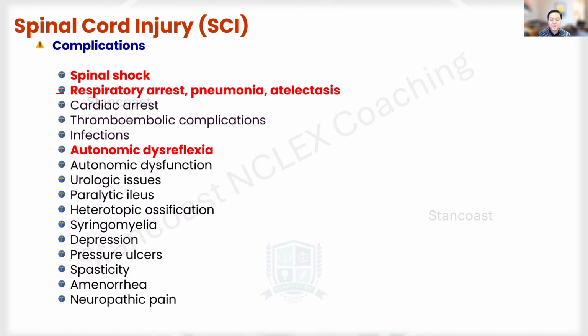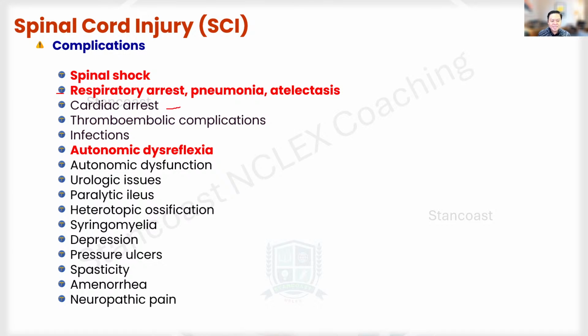The patient here will be prone to developing other complications, such as lung collapse or pneumonia, because of the weakened respiratory muscles. They are no longer able to expand their lungs properly, and they will be prone to aspiration pneumonia with infection.